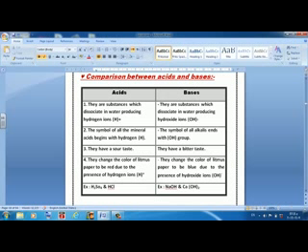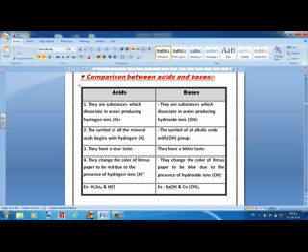Number three, acids have a sour taste. And you can feel the sour taste if you squeeze a piece of lemon and taste the drops of lemon on your tongue. You will feel what is meant by a sour taste.